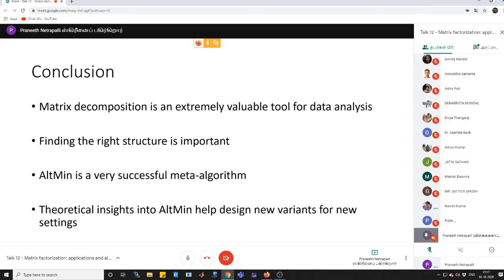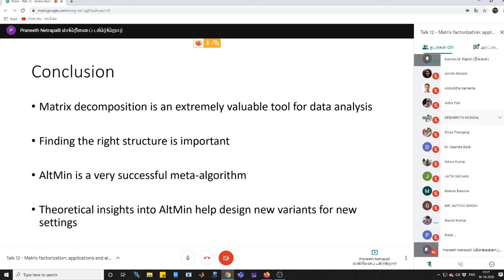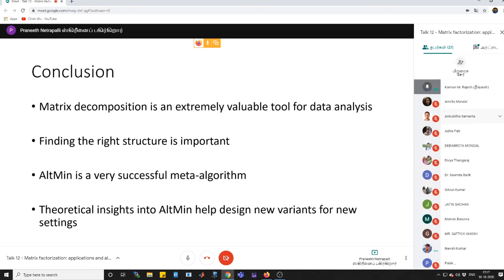One more thing. Yes, Navish, proceed. Thank you. In all these algorithms, we are not actually focusing on exploiting the geometry of the space in which we're dealing. Let's say we are choosing only the Frobenius norm.